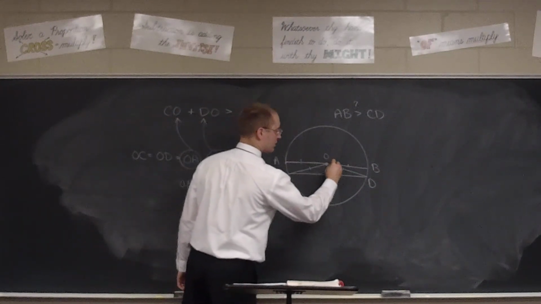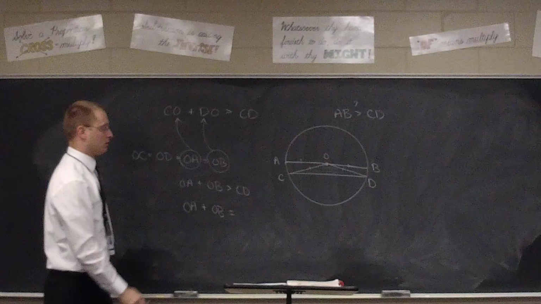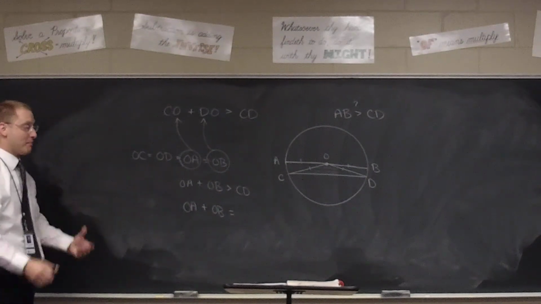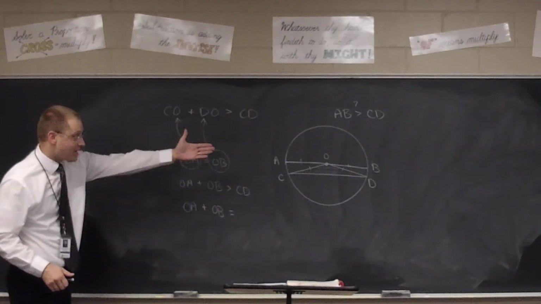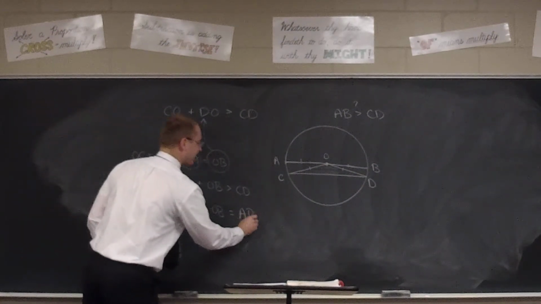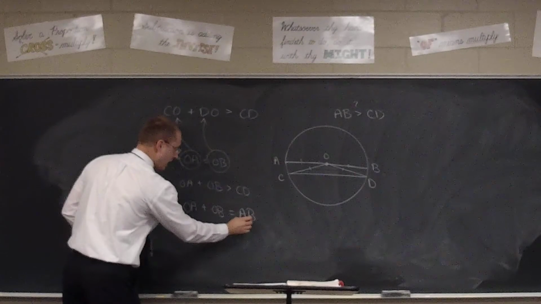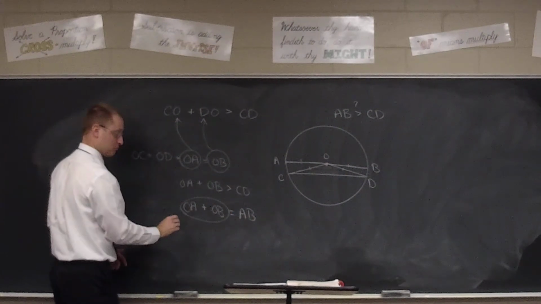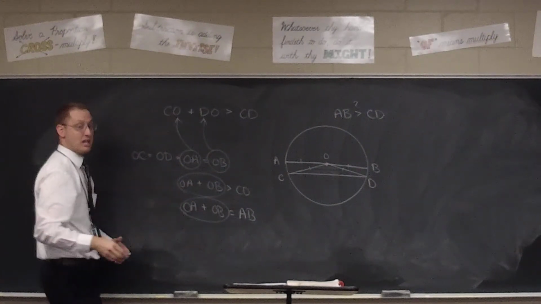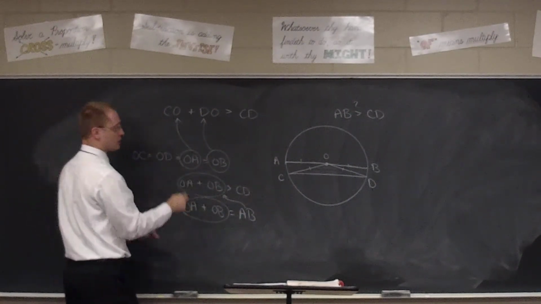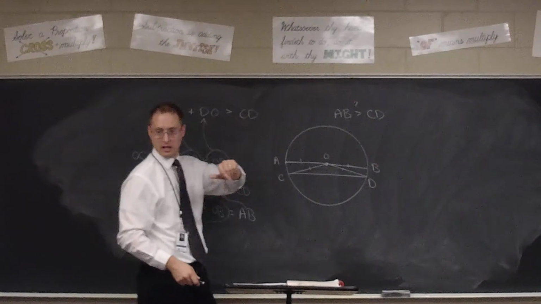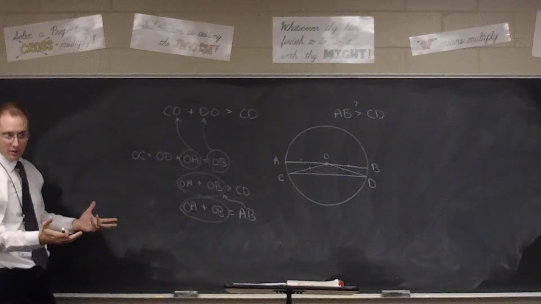Two radii, but added together they make a diameter. Which one? AB. They make AB, don't they? Once again, we can substitute. Just plug AB in there, and sure enough, AB's bigger than CD. Diameter's got to be longer than any other chord.